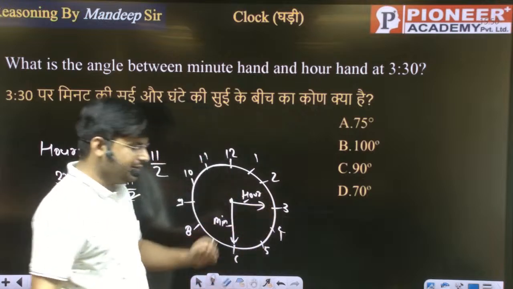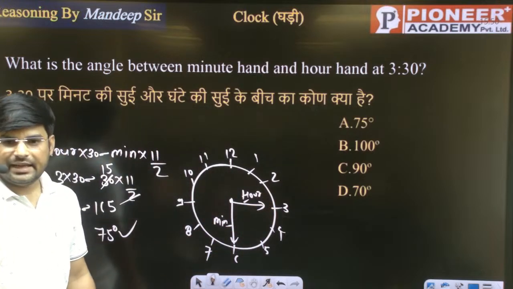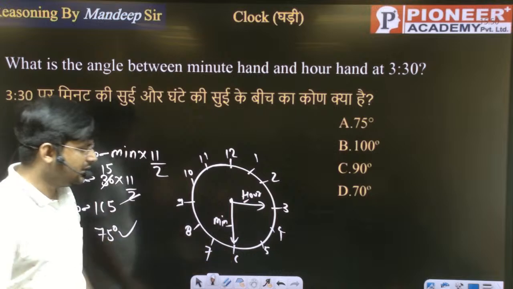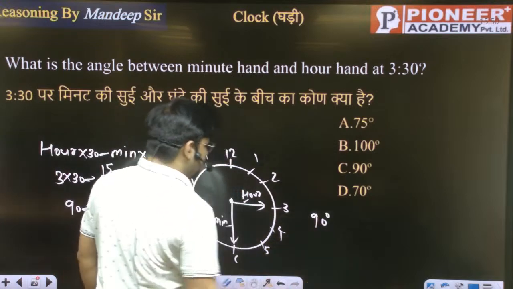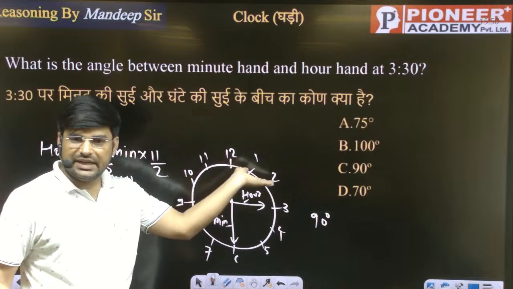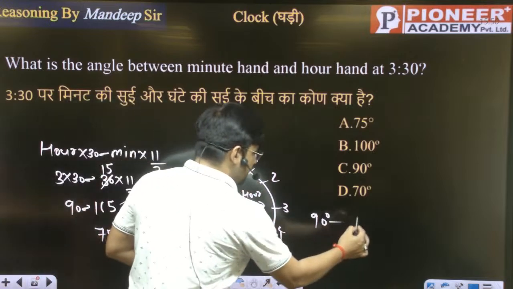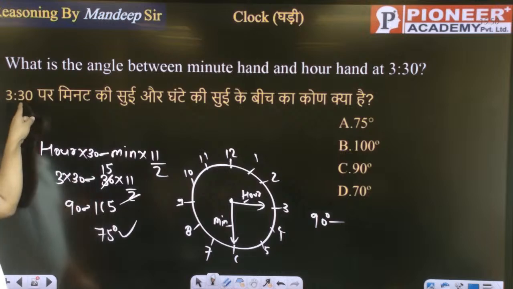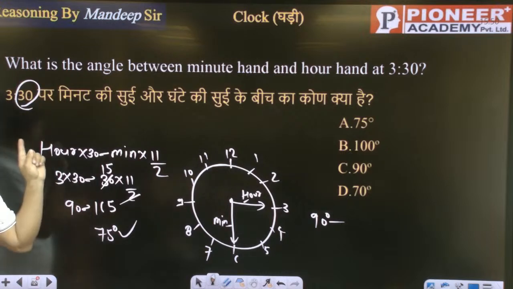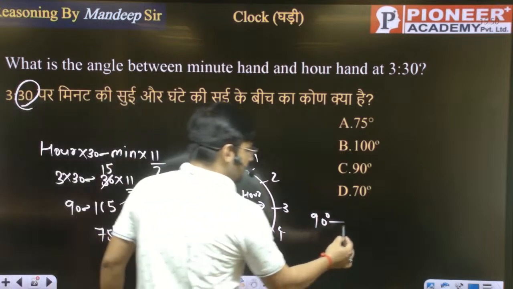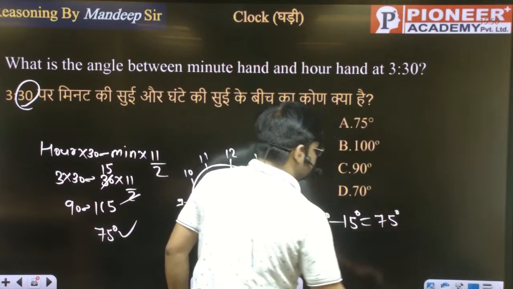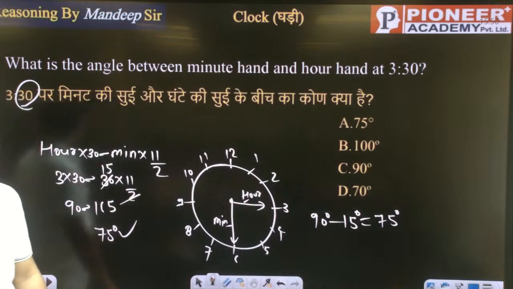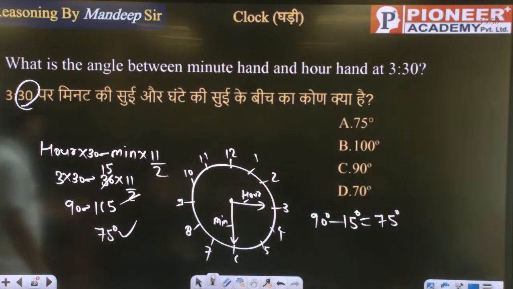In every number there is a 30 degree difference. 30, 30, 30. It's 90 degrees and the hour hand is behind the minute hand, so we will minus. How many degrees? Half of the minute. Minute is 30. Half of 30 is 15. 90 minus 15, it's 75 degrees. Is it clear?